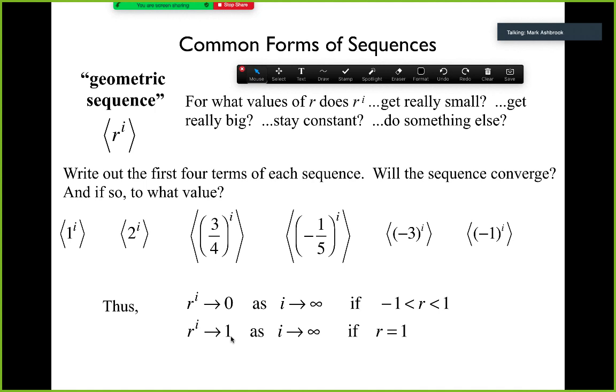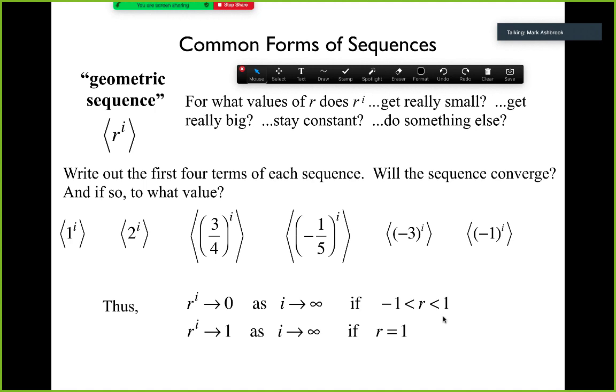So p sequences converge to 0 when p is greater than 0. Geometric sequences converge to 0 when r is between -1 and 1. These are just facts that you have to file away. You have to be able to recognize those sequences and then know those facts that we've deduced here.